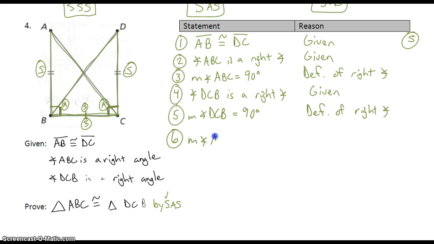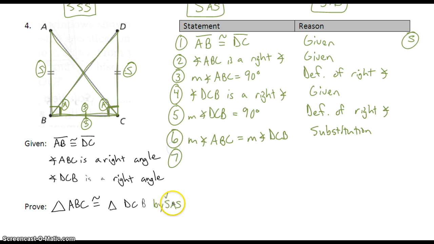The measure of angle ABC is going to equal the measure of angle DCB. I can call that substitution. I can replace my 90 degrees with the measure of angle DCB, or the transitive property. They both equal 90 degrees, so they equal each other.